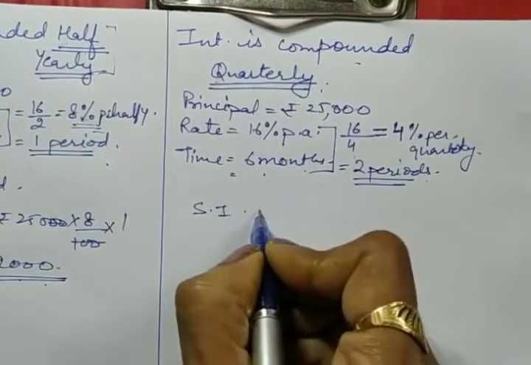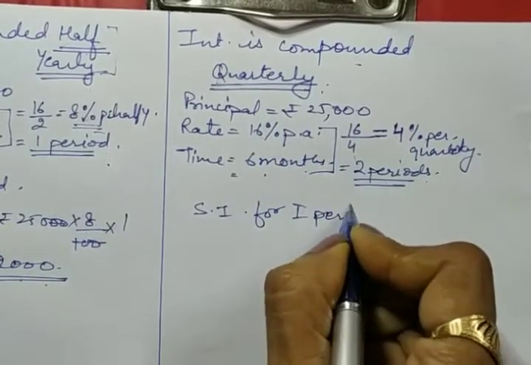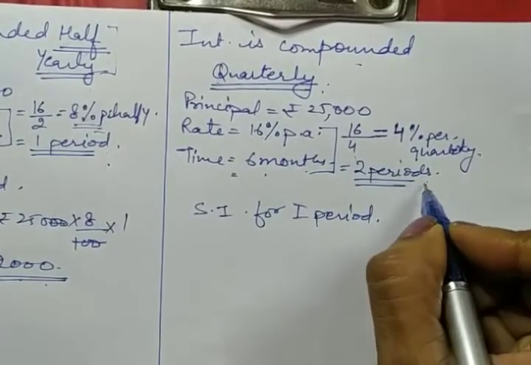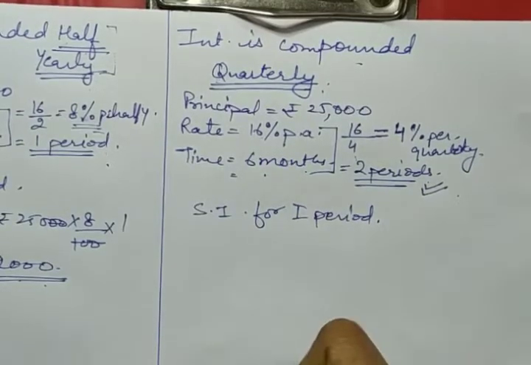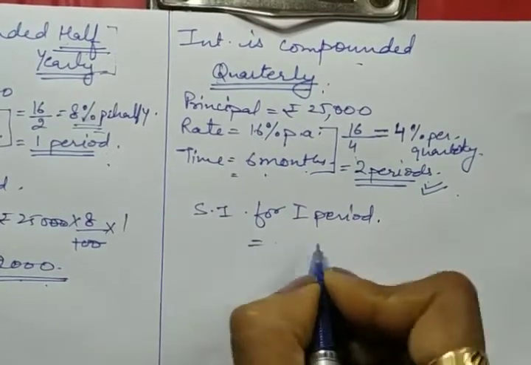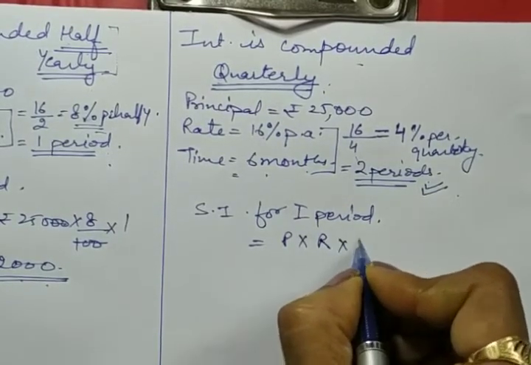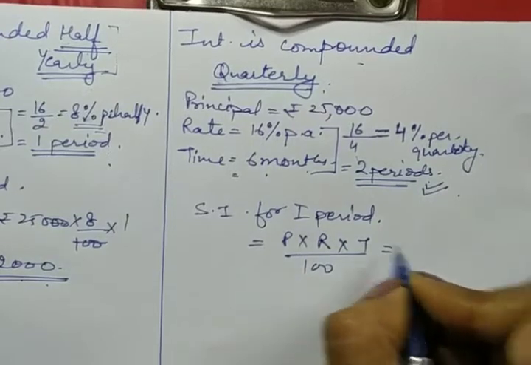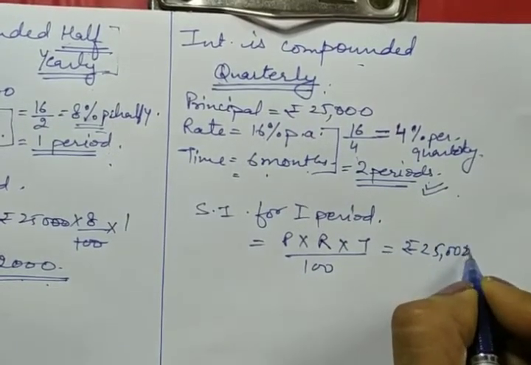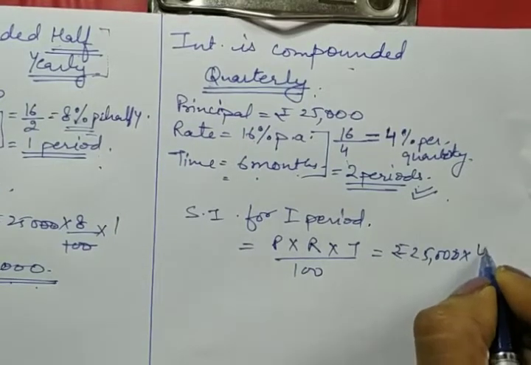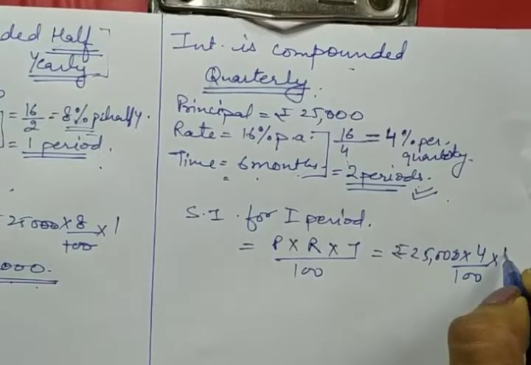Simple interest for first period, as here are total 2 periods, so we have to do the process 2 times. Principal into rate of interest into time divided by 100. Principal is rupees 25,000. Rate is 4% per quarterly and time is 1 period.